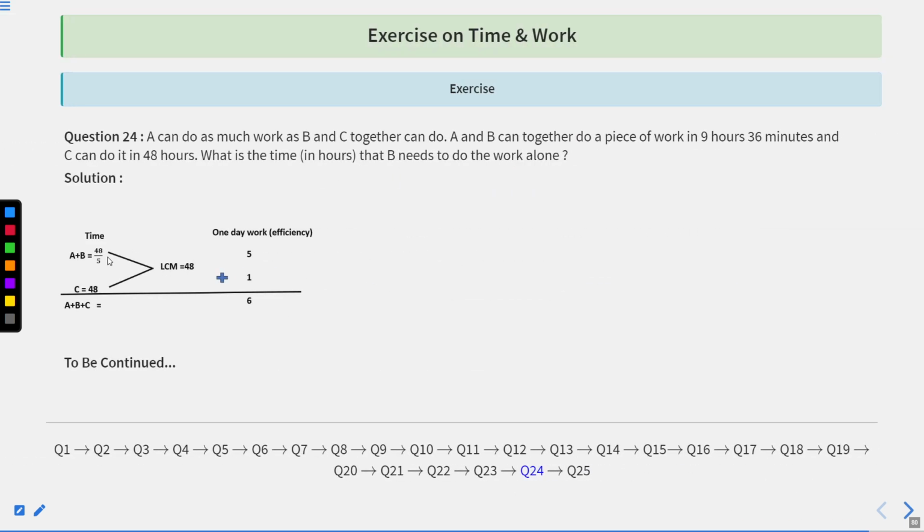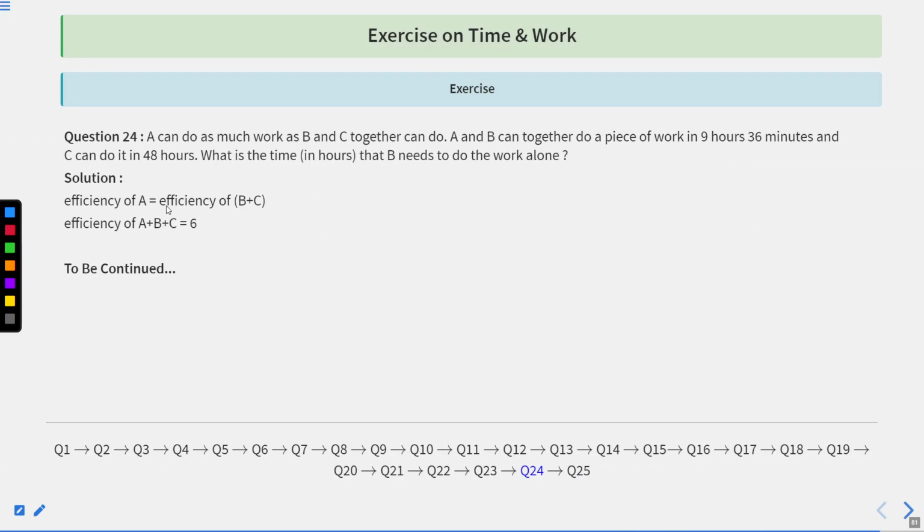So we have been given that A plus B equals 48 upon 5 hours and C is equal to 48. So the LCM is 48. That means the total work is 48. The work efficiency of A and B together is 5 and C alone is 1. So the combined work efficiency of A, B and C is going to be 6.